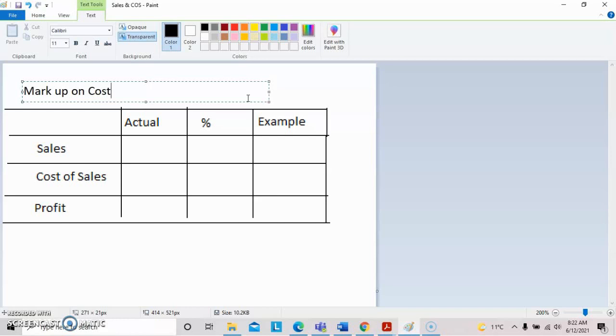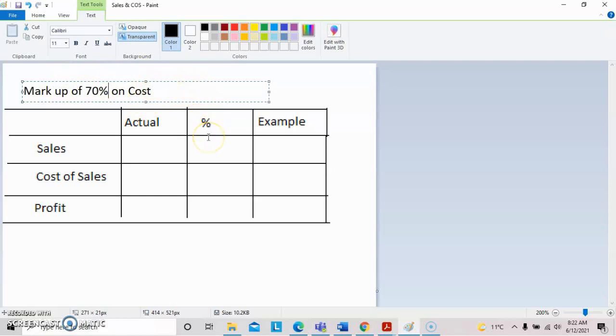I think they said markup of 70% on cost, right? Markup of, okay, let's just put it as it is, of 70% on cost. So they're saying they will be adding 70% on the cost.